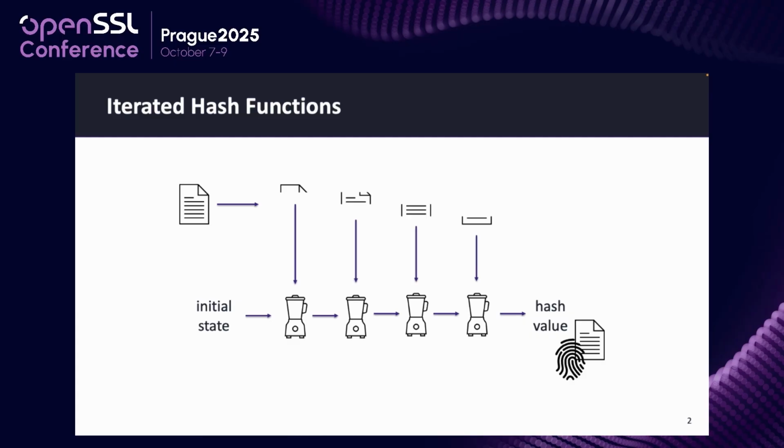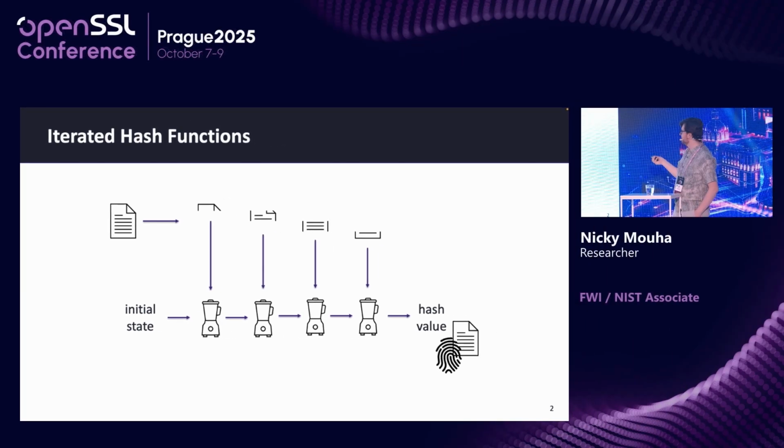This hash value is like a little fingerprint, to indicate that this should be a unique thing. So the idea is that when you do, for example, a digital signature, you don't sign the message, but you sign the hash of the message. And the hash of the message is a fixed length thing that stands in place of the message.